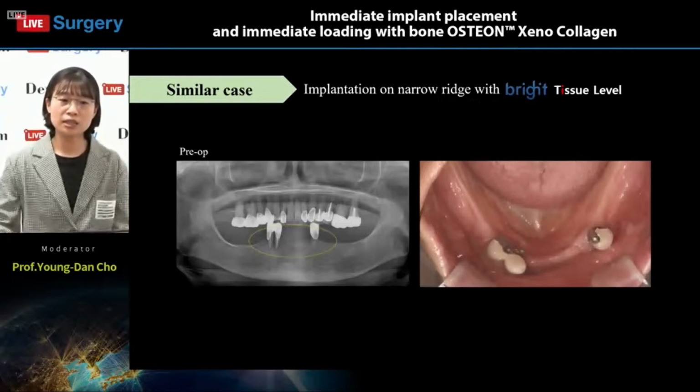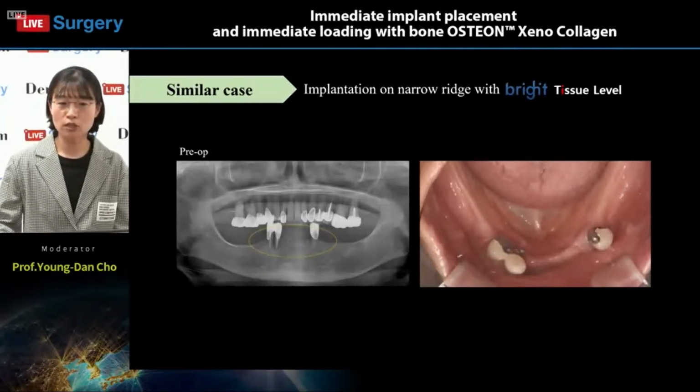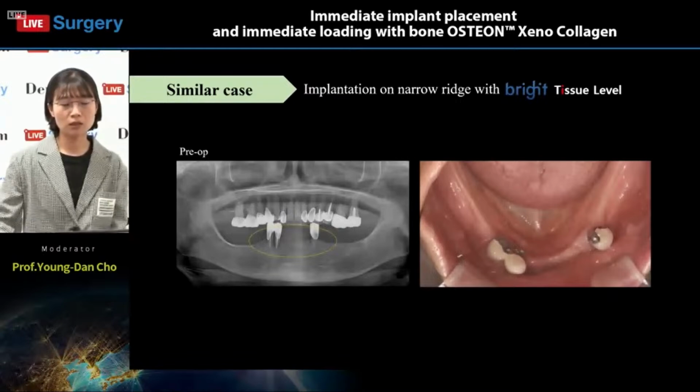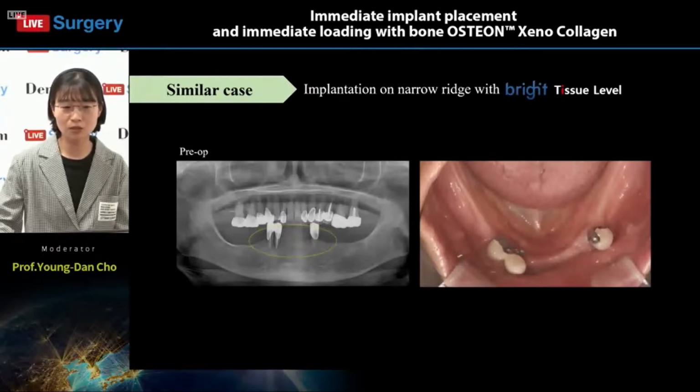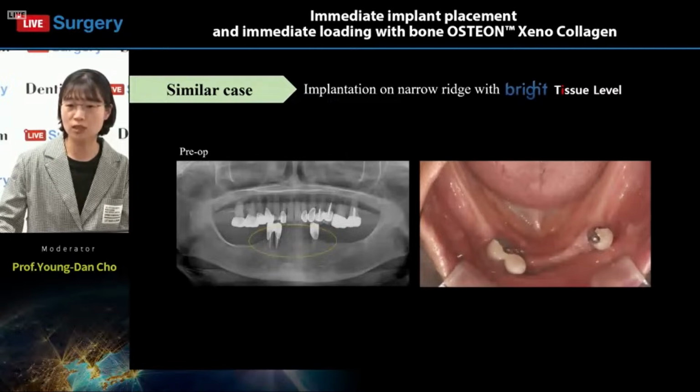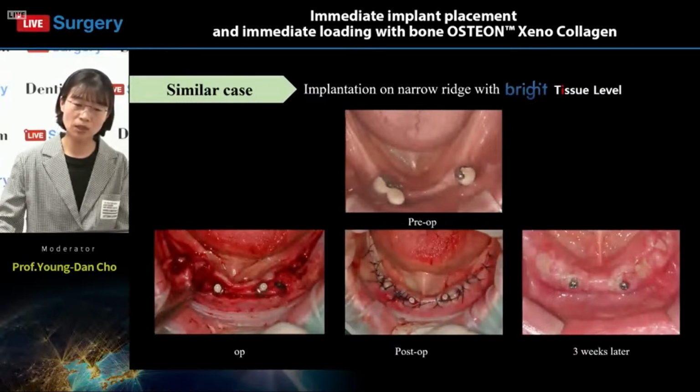Let's see a similar case of implantation on a narrow ridge with the bright tissue level implant. We can see the missing area on the posterior, and just 3 teeth, tooth number 33, 43 and 44. So he planned the tooth extraction and then placed the implants with the bright tissue level on the lower anteriors.